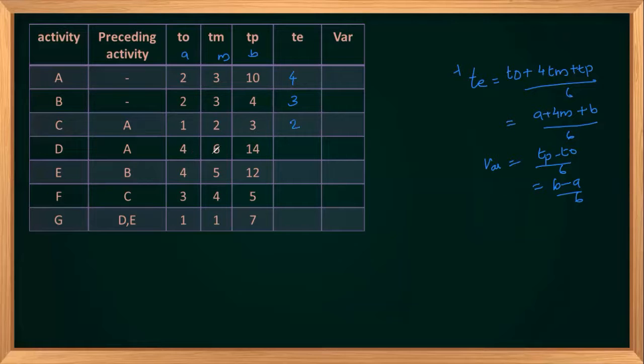6 into 4, 24 plus 4, 28 plus 10, 38 plus 4, it will be 42. 42 divided by 6 will give you 7. 5 into 4, 20. 20 plus 12, 32. 32 plus 4 will be 36. 36 divided by 6 will give you 6. 4 into 4, 16. 16 plus 8, 24. 24 divided by 6 will give you 4. 1 into 4, 4. 4 plus 8 will give you 12. 12 divided by 6 will give you 2.